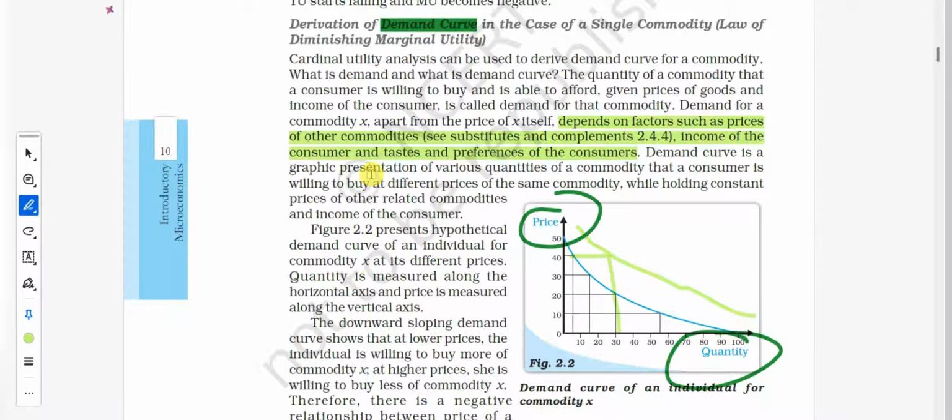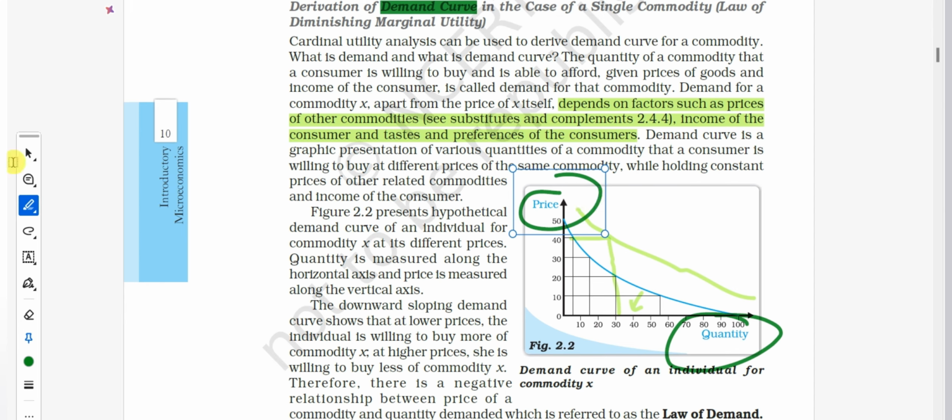The other factor is taste and preferences, that suddenly if somebody changes the quality of the product, the consumer base may fall and this curve may shift.